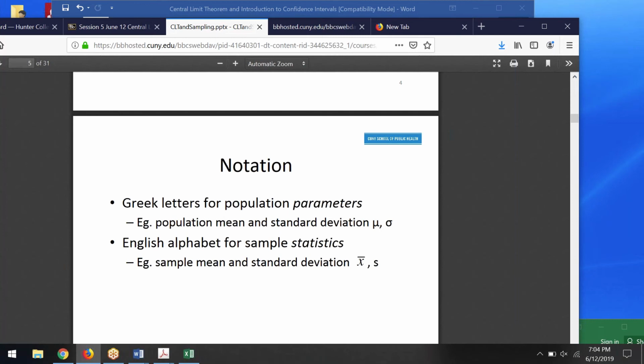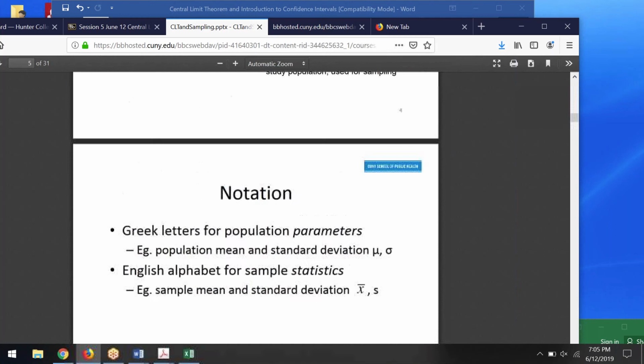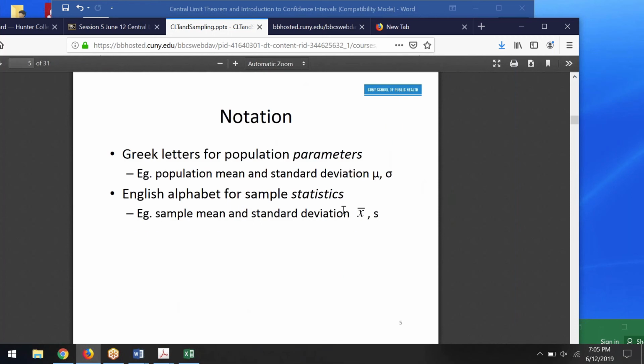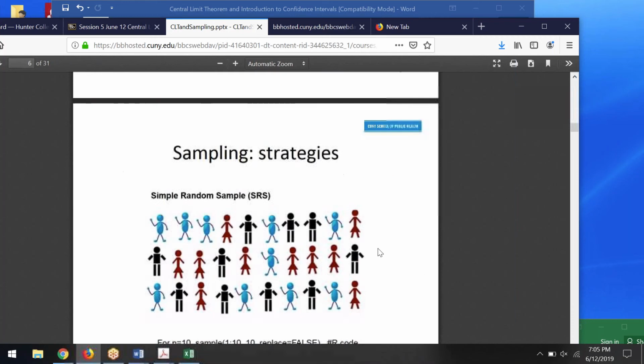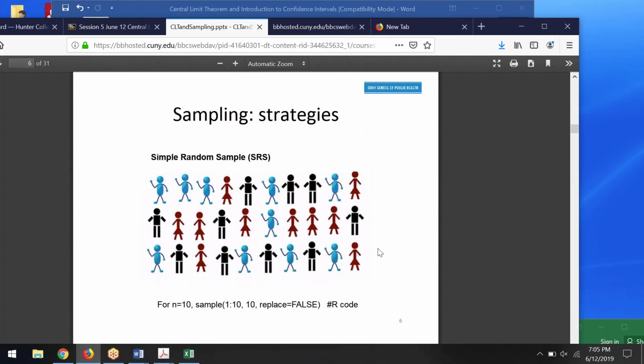Anytime we're describing the distribution of a sample mean, the mean is going to be X bar and the standard deviation is going to be either S or SD. So those are going to distinguish. Mu and sigma are parameters, and for the actual sample itself, the mean and standard deviation are X bar and S. Samples versus parameters.